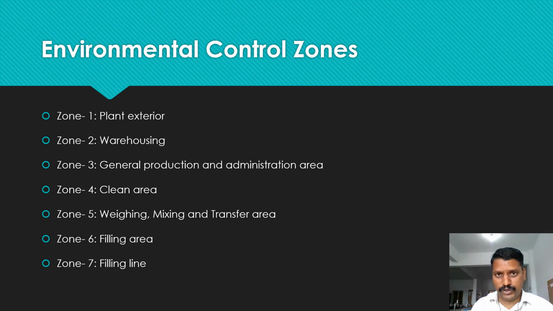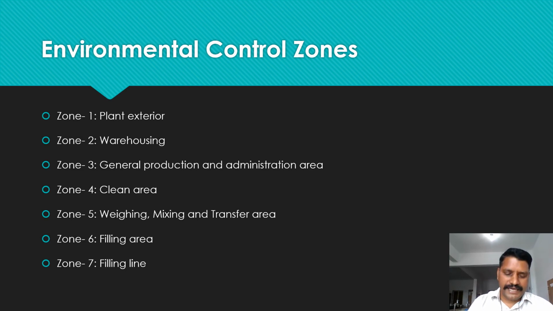Therefore, windows and doors are completely sealed in the zone 3 area. The HVAC system means the heating, ventilation, and air conditioning system.